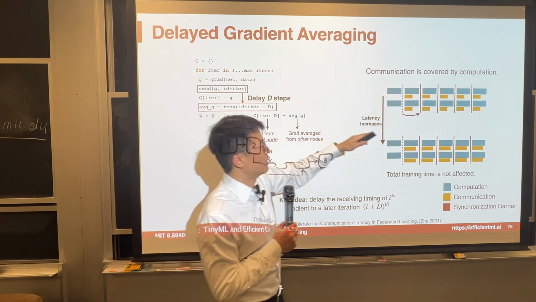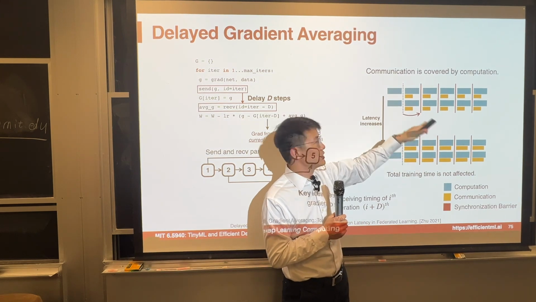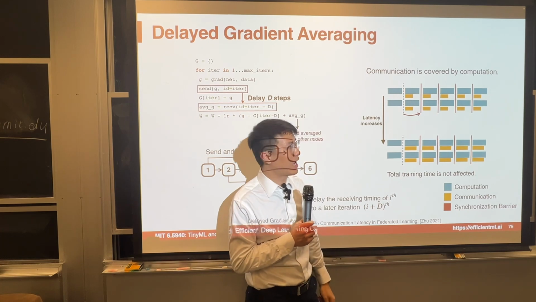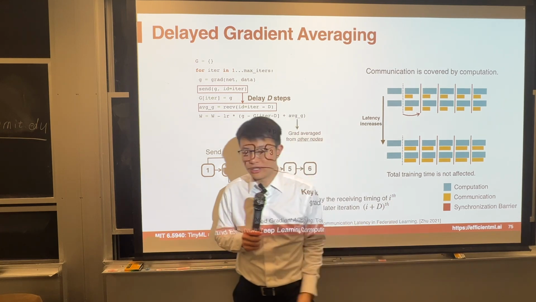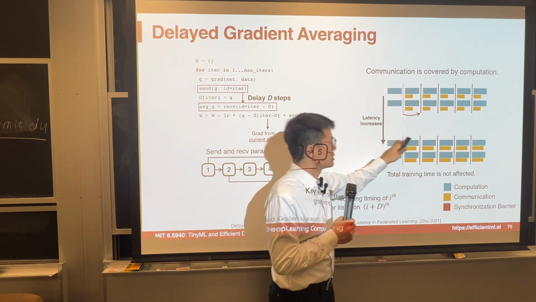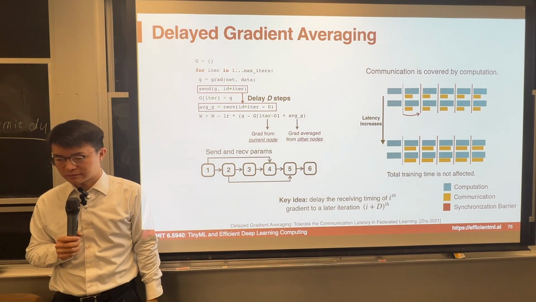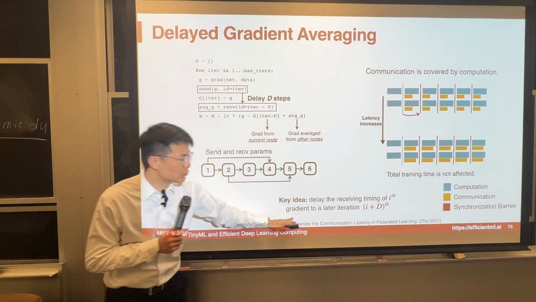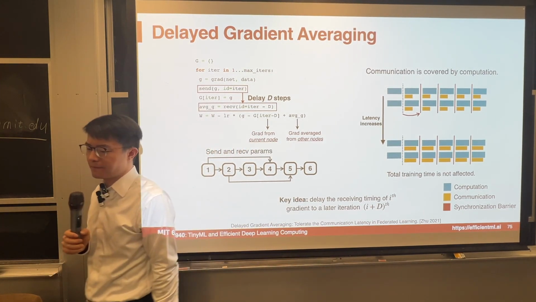So on the right-hand side, rather than having to do the communication and synchronization step by step, we can now delay the step. In this case, we delayed by 1 step. As long as the communication can finish before here, it doesn't hurt our total throughput. So we are pushing back the synchronization barrier by allowing stale gradients, delaying the receiving timing of the ith gradient to a later iteration, D steps later.